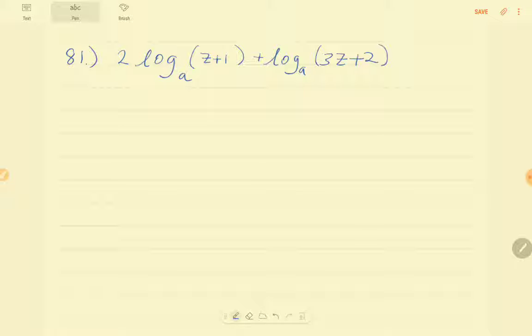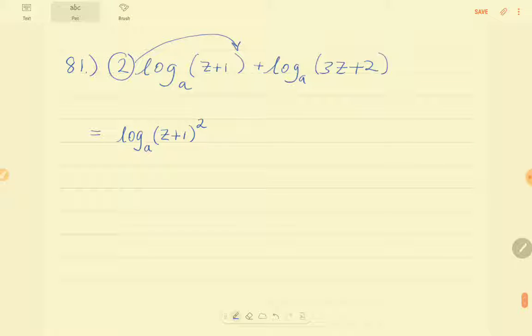Alright, so let's see what we can do. Well, first of all, this 2 can become an exponent right here. And I'll rewrite the second logarithm.